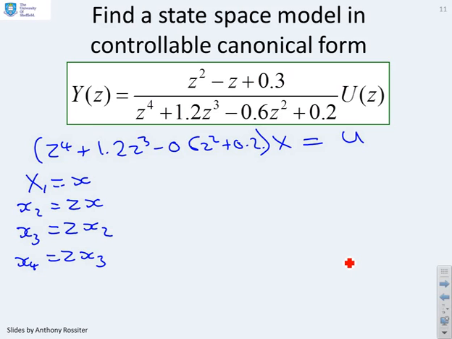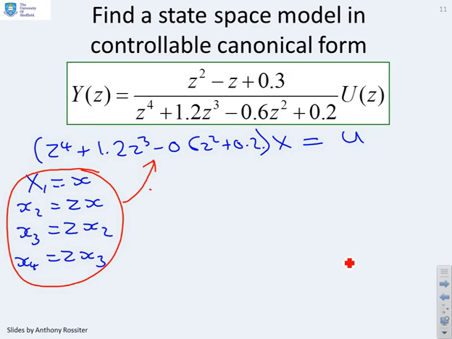Also, I'm now going to use these definitions of my new states, and I'm going to plug them in to the corresponding equation I get from here. So z to the 4 is the same as writing zx4.